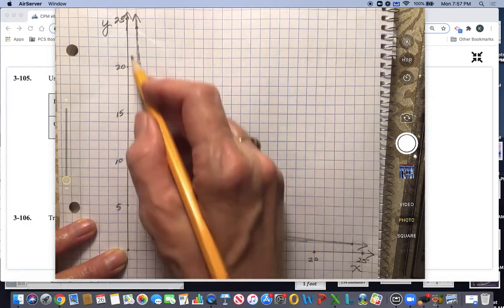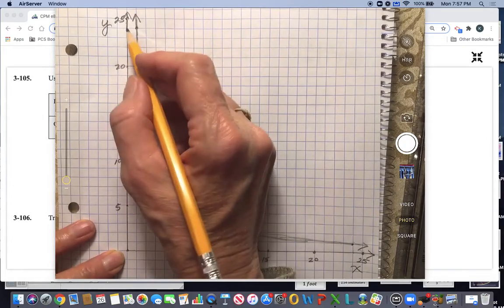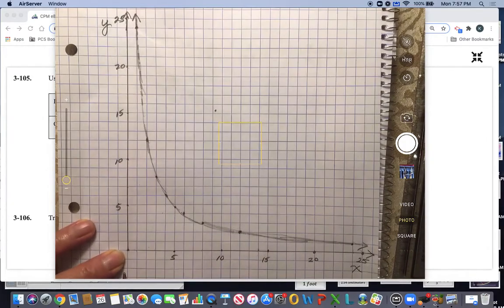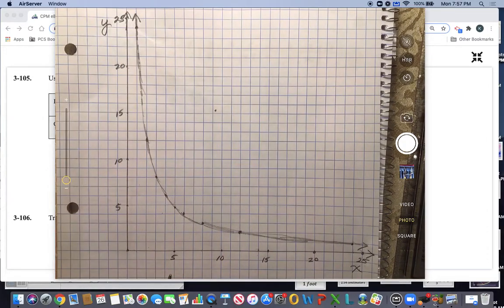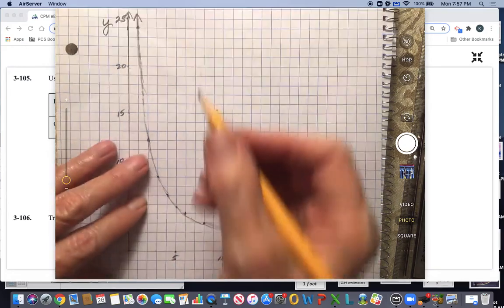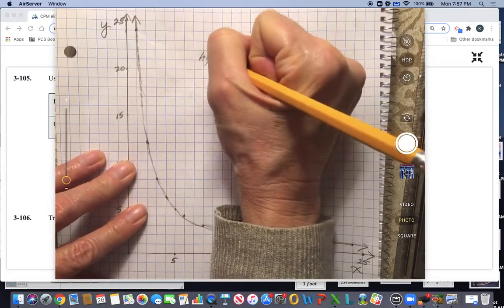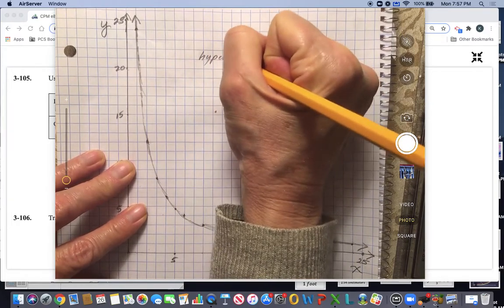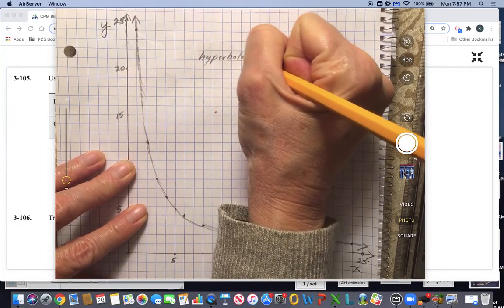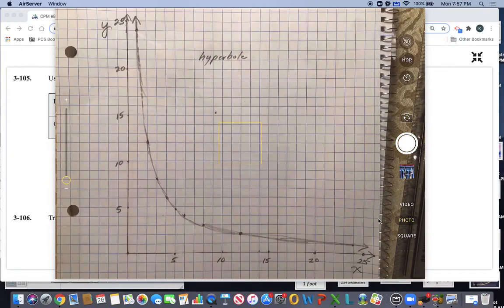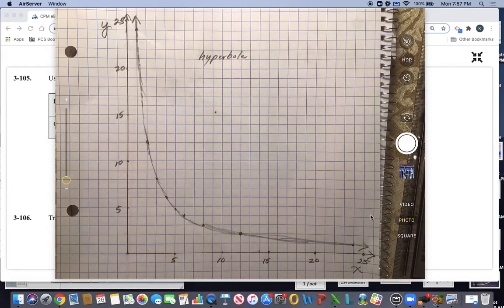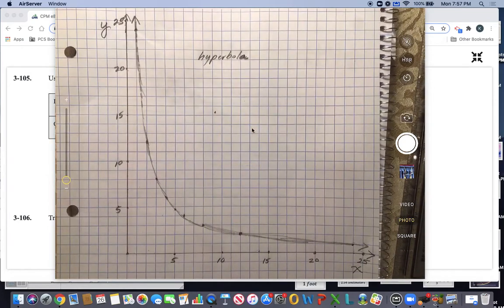And the farther it gets away from the origin, the closer it moves to the y-axis. So you may not be familiar with this, but this is actually called a hyperbola.